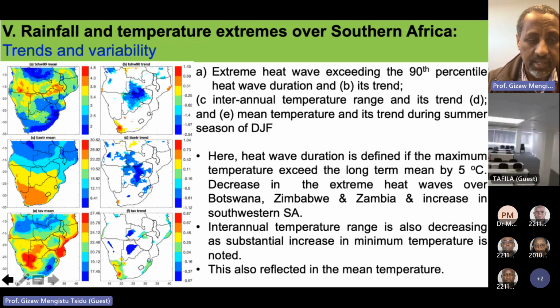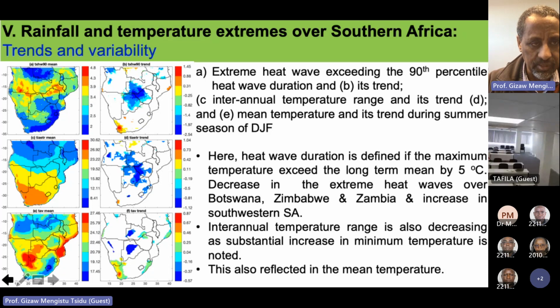So one has also to look at evaporation, what's happening. If you want, you can do the same thing for evapotranspiration, which is affected by both land use, land cover change, as well as climate. You can look at different components of the water balance, as you have seen earlier.